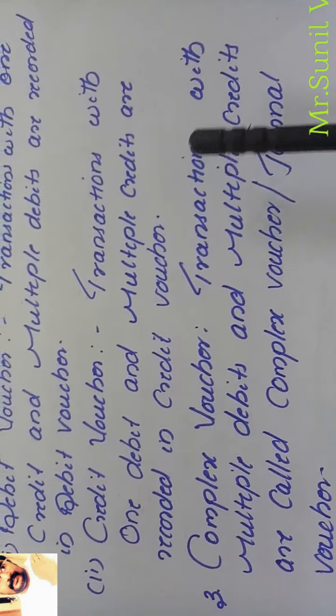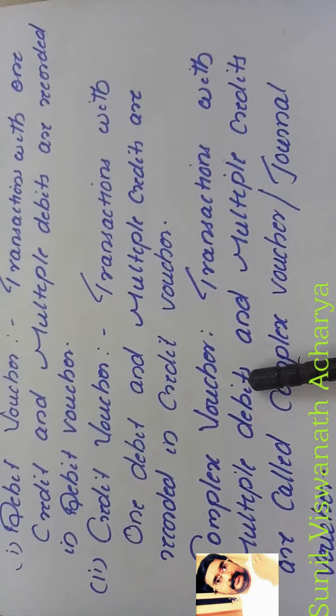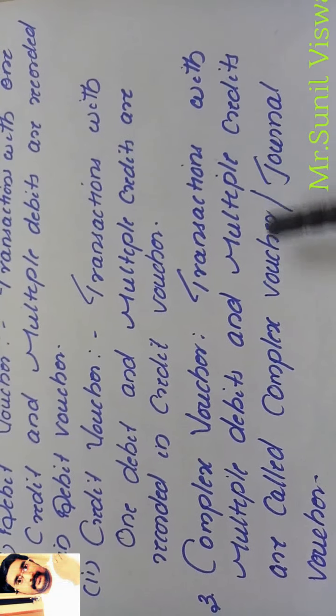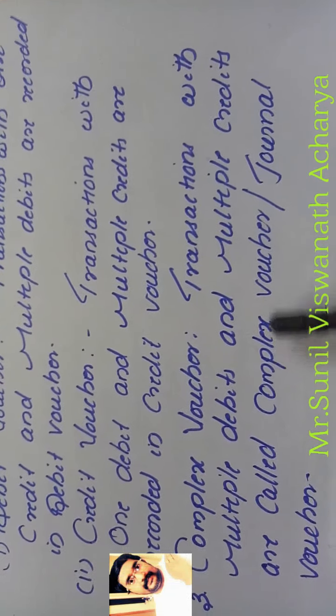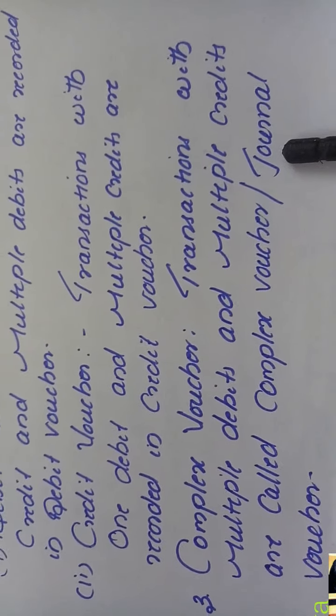So more than one debit as well as more than one credit are recorded in a complex voucher. A complex voucher is also known as a journal voucher.